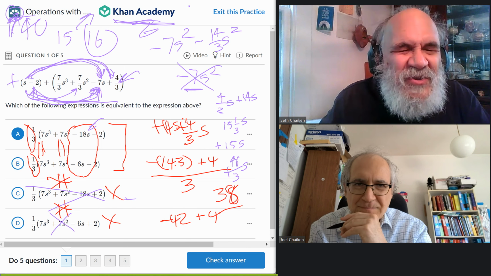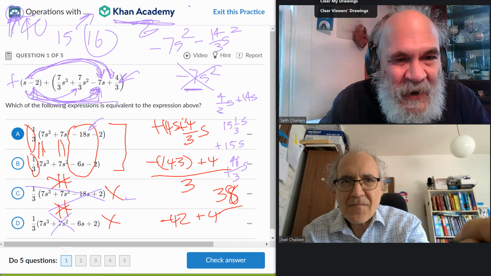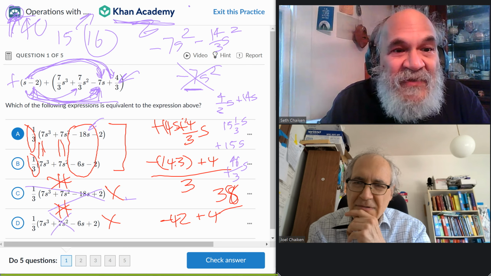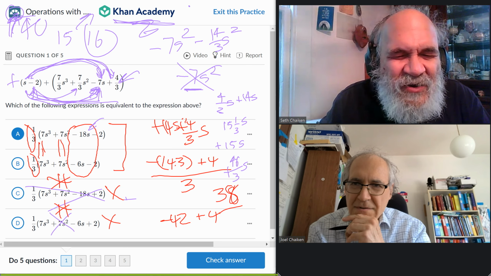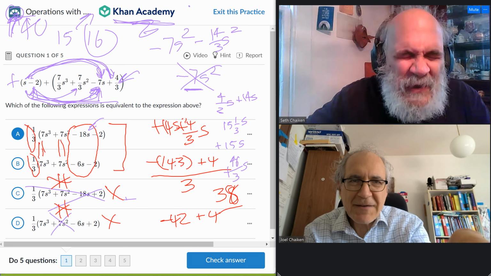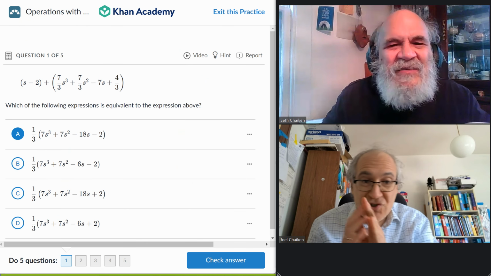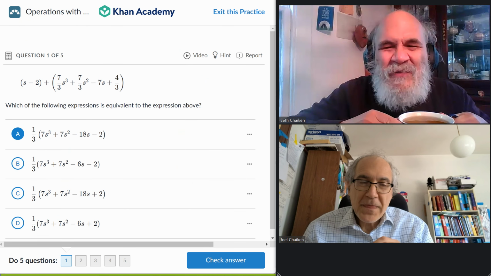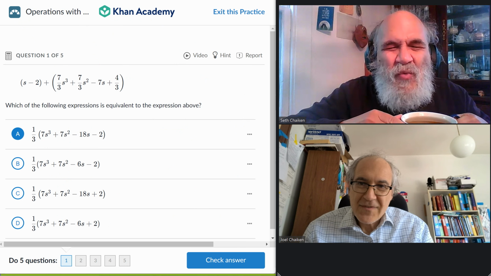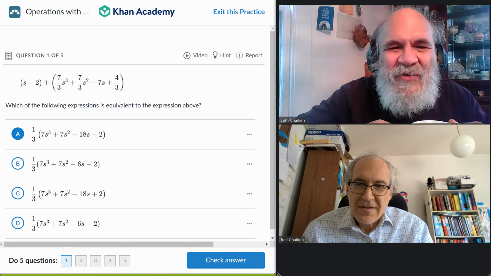We really should look at this carefully, because it looks to me now that none of the responses are equal to the given. So why don't we clear all and start from scratch? It's something very strange, very unusual. What we are worried about is the SAT question being poorly posed.